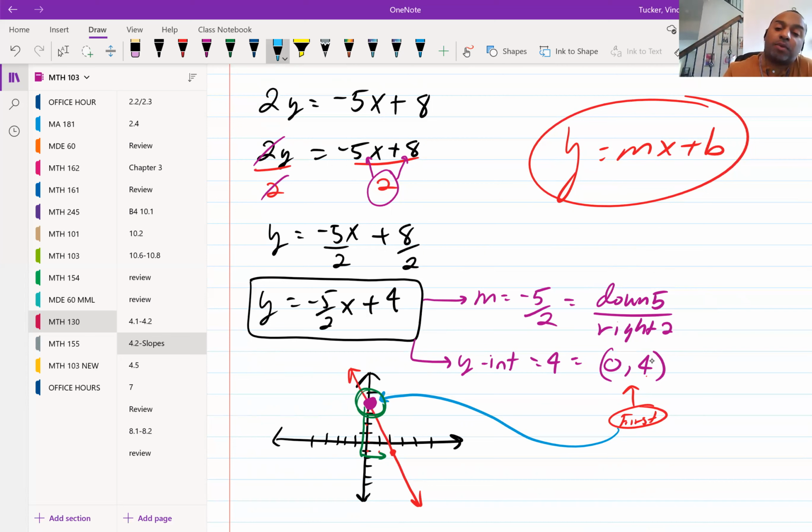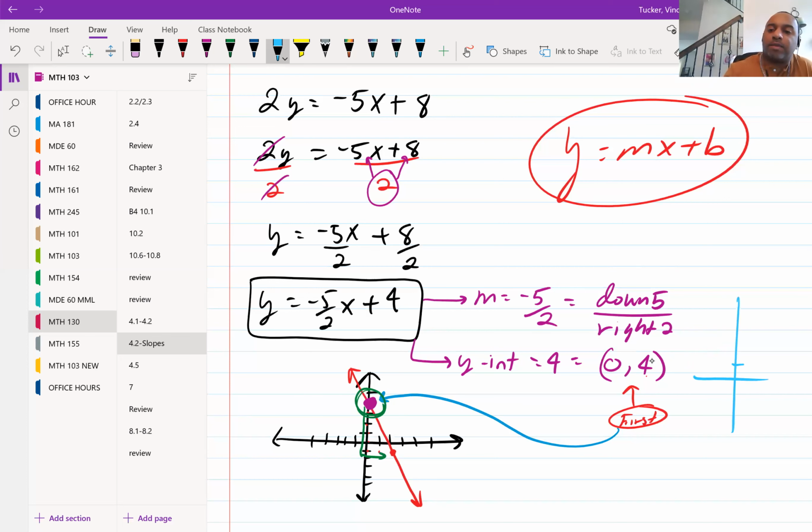And your y-intercept 4 is always 0 for x. So that's 0, 4 as a coordinate. I was supposed to go up with that 4. Yeah, because it's a positive 4.